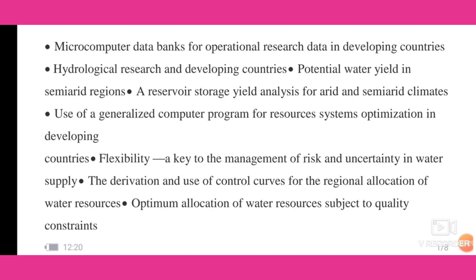These are also a few examples: microcomputer data banks for operational research, hydrological research in developing countries, potential water yield in semi-arid areas, reservoir storage yield analysis, use of generalized computer programs for resource system optimization, flexibility as a key to the management of risk and uncertainty in water supply, the derivation and use of control curves for the regional allocation of water resources, and optimal allocation of water resources subject to quality constraints.